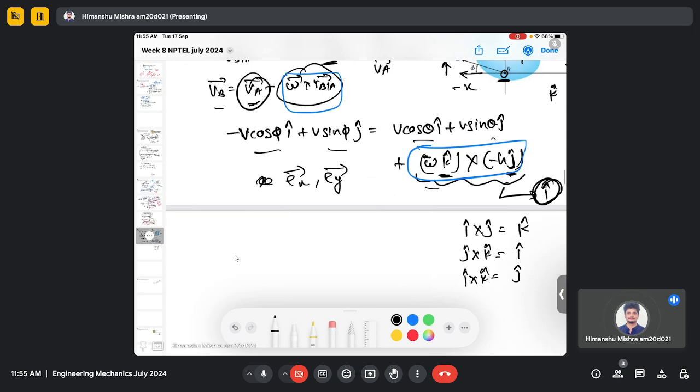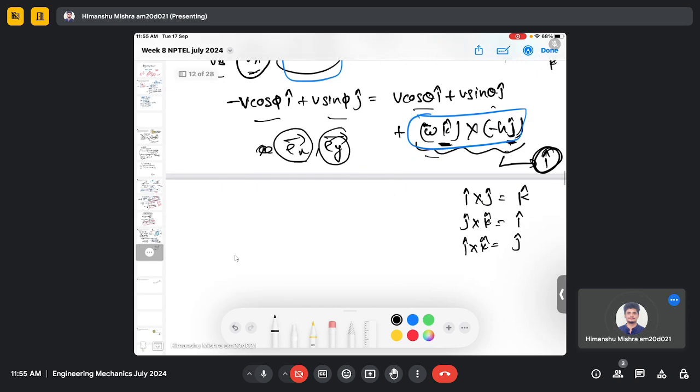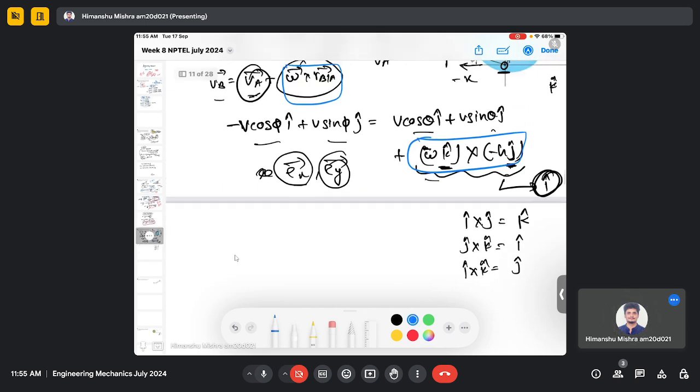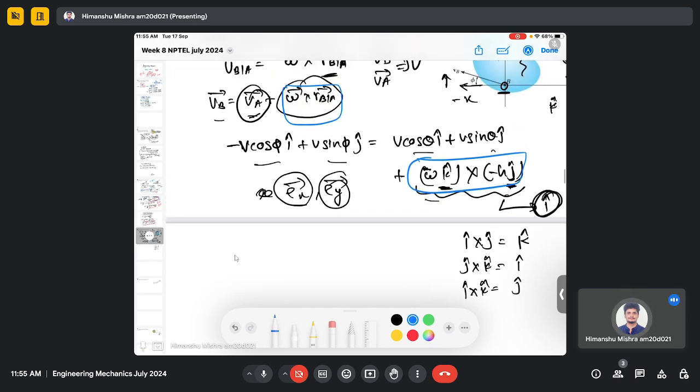So now, since we have the vector quantities and they have both x and y components, we need to separate the x and y components, right? So my x component is given in blue color. So this is my x component, this is my x component, and this entire magnitude of the vector product is in the x component.